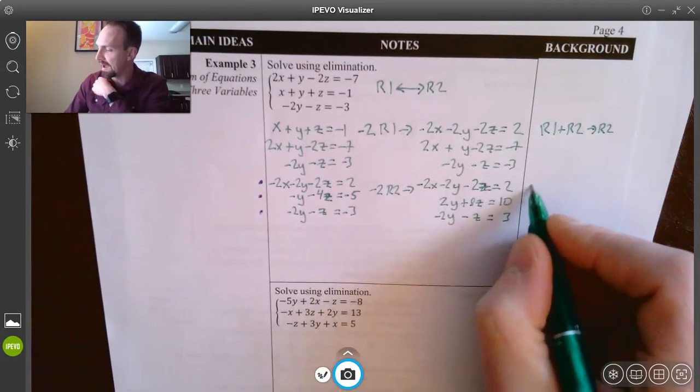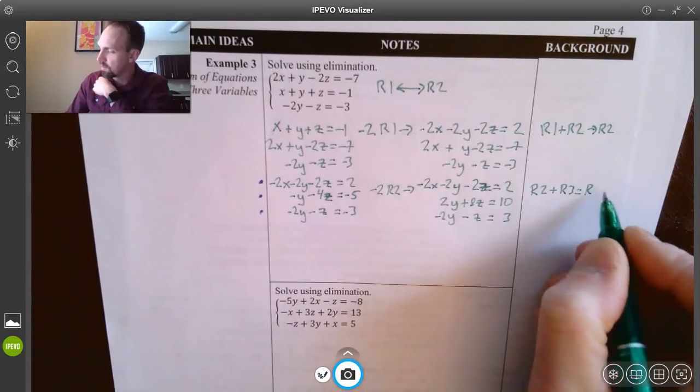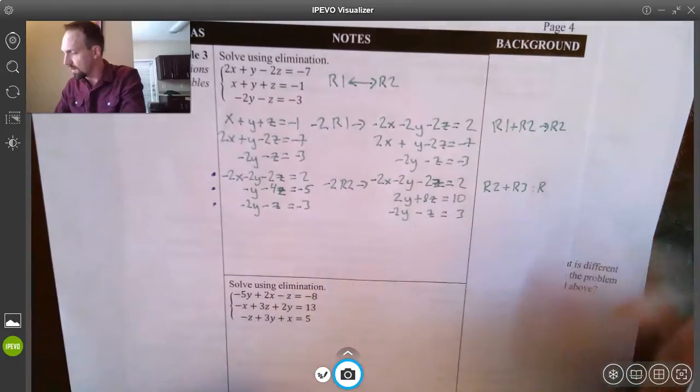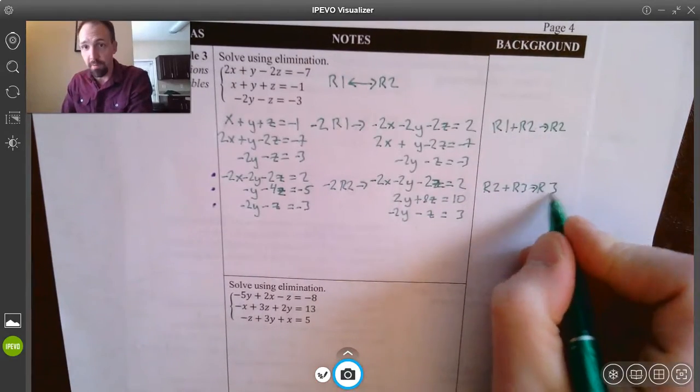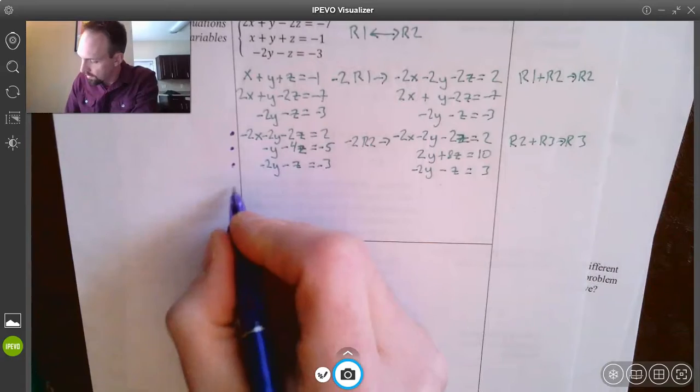So now when I combine row 2 plus row 3, I'm replacing row 3 with that. So again, I'm going to do my 3 dots.